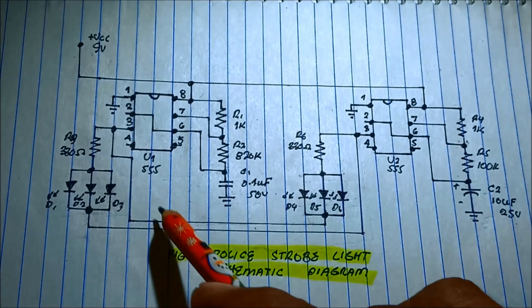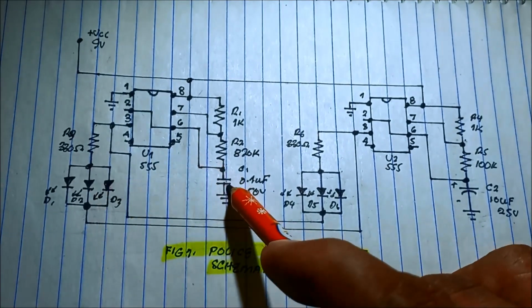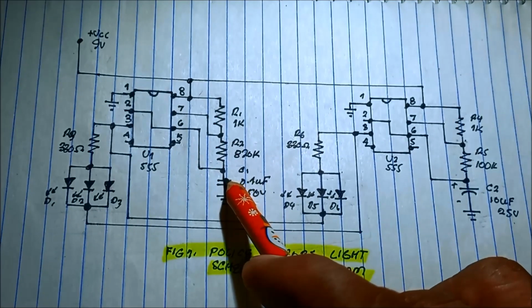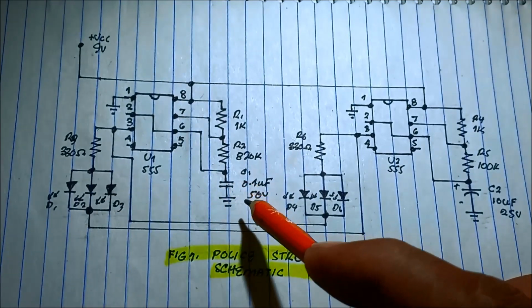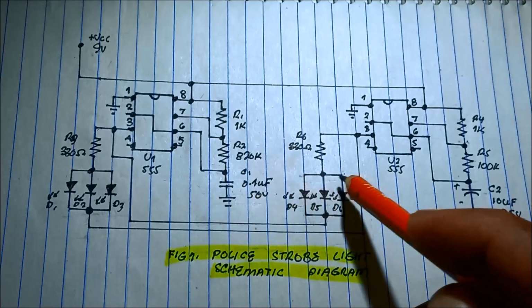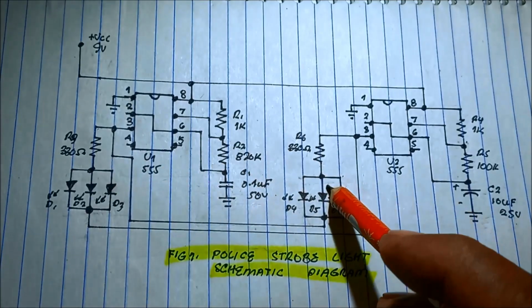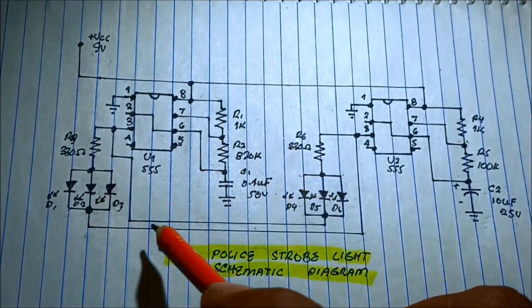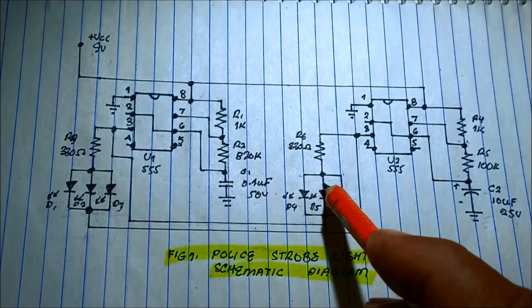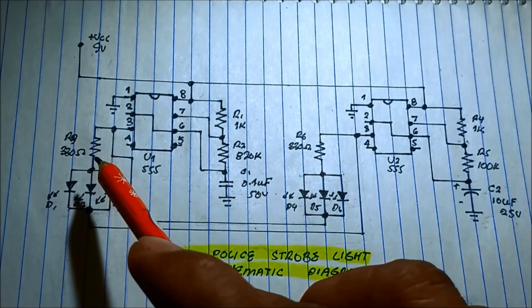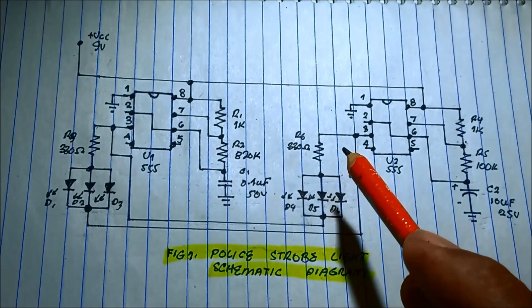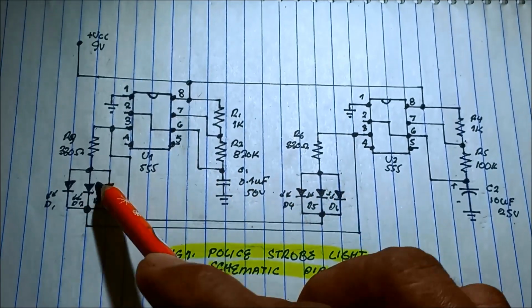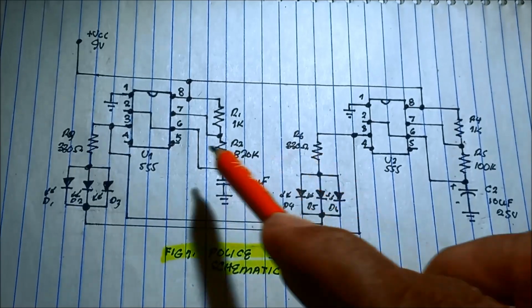And if this capacitor is responsible for the flickering of the LED, what now is responsible for the toggling function of the two? When this is on, this is off. When this is off, this is on. On, off. Off, on.